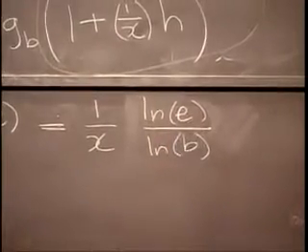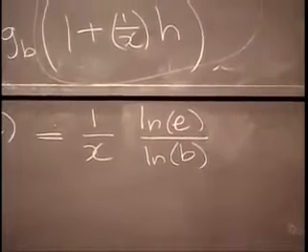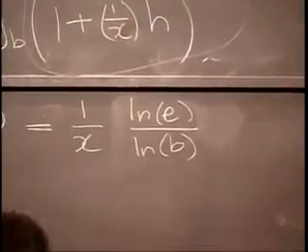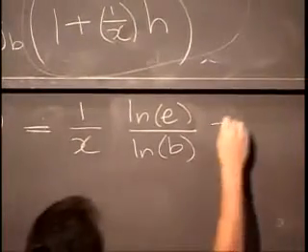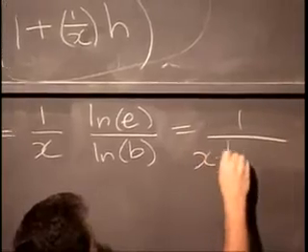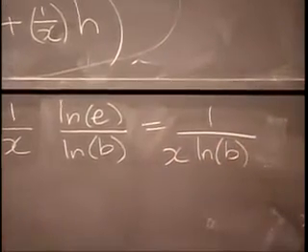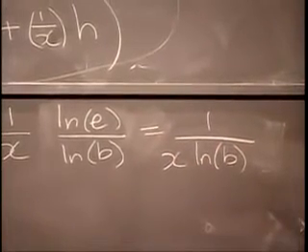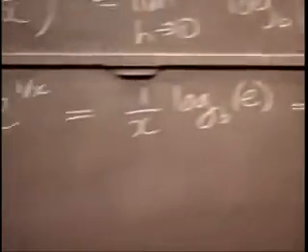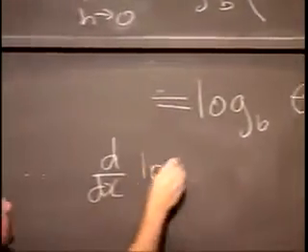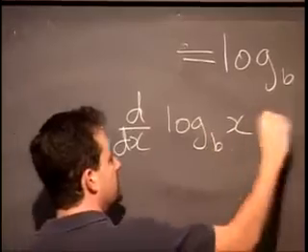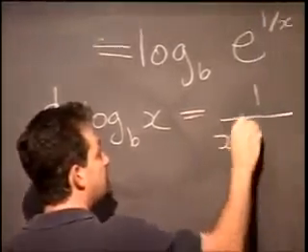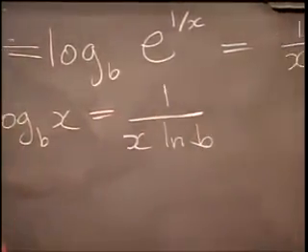But the natural log of e is 1 by yet another one of those rules. And so you end up with 1 over x times the natural log of b. So, in conclusion, we have shown that the derivative of log x base b is 1 over x times the natural log of b.